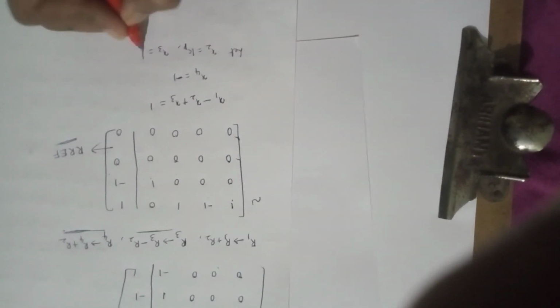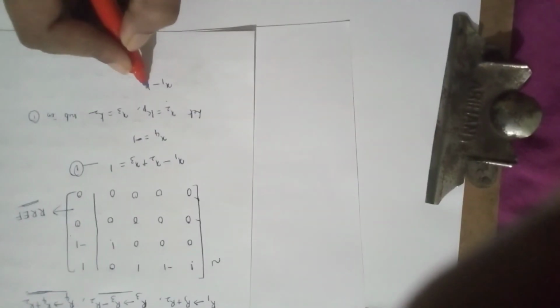So here I am taking, let x2 is equal to k1, and x3 is equal to k2. Substitute this in equation 1. So x1 minus k1 plus k2 is equal to 1. So the x1 value is 1 plus k1 minus k2.